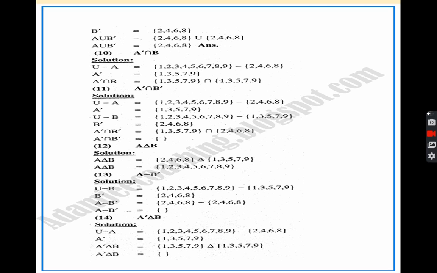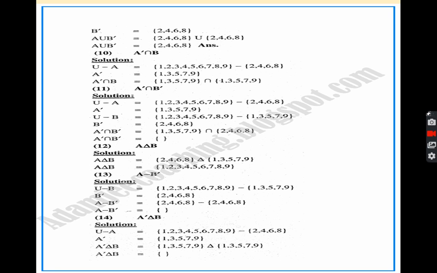So between these two sets, the symmetrical difference: the common elements are cut and the remaining elements are written. In between them, there are not any common elements.